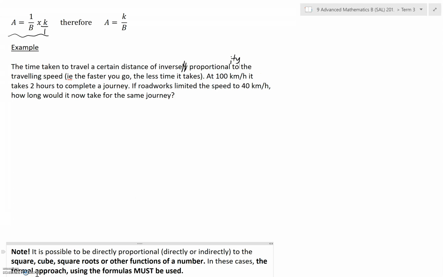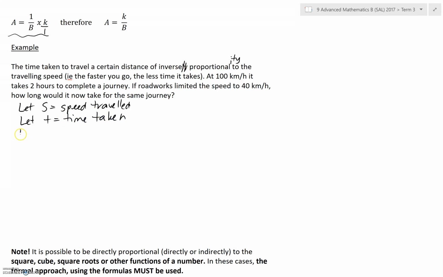Okay. So again, the first thing I'm going to do is define some variables. So let S equal the speed travelled. That would be a good place to start. Let T equal the time taken. And again, K is going to be my constant of proportionality.